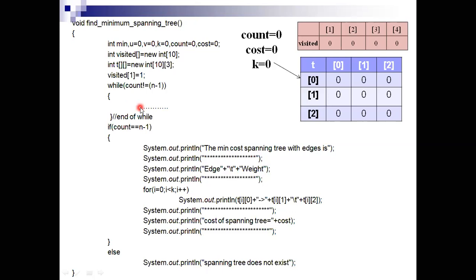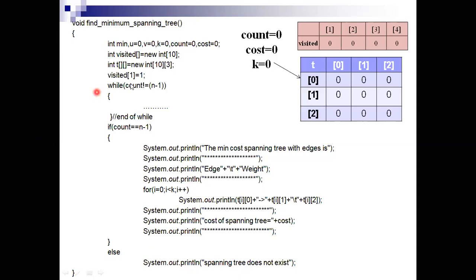Why does it terminate? Because it did not find a sufficient number of edges. In that case, print a message: spanning tree does not exist. In this case, the spanning tree is not present. Okay, so this is the code of the minimum spanning tree.